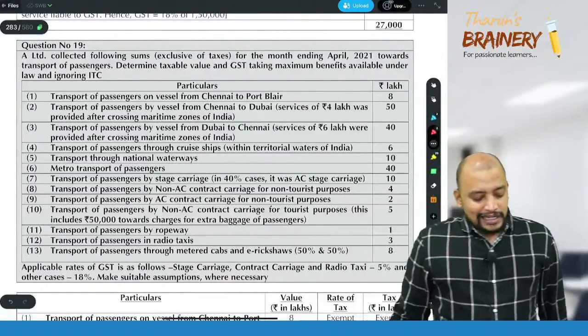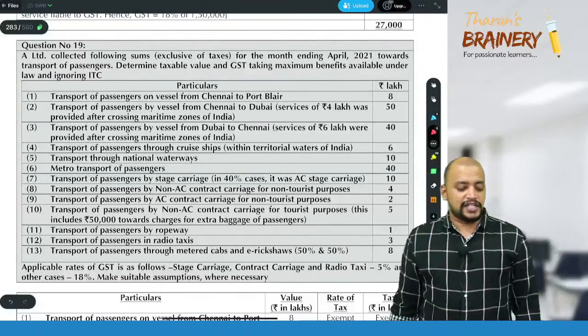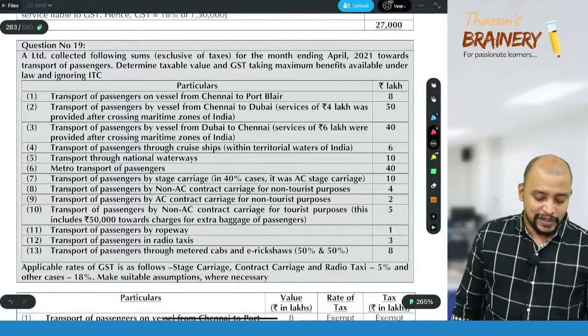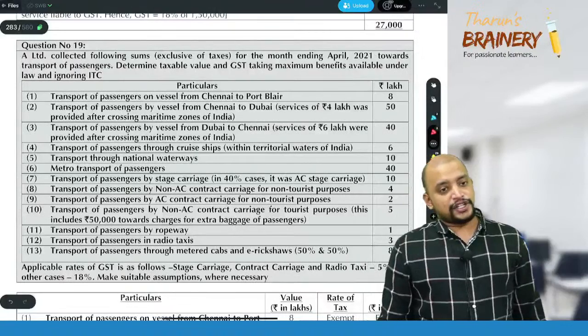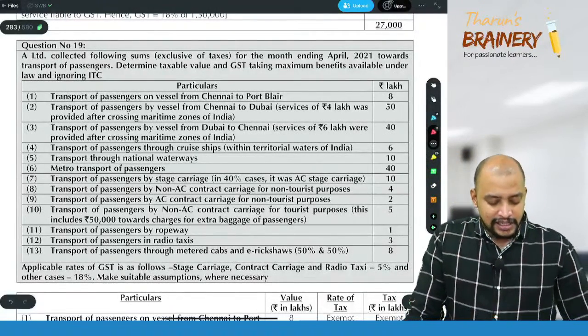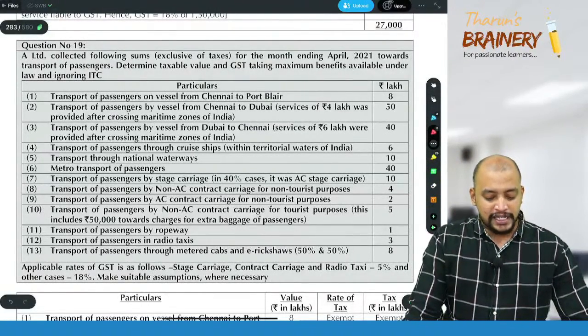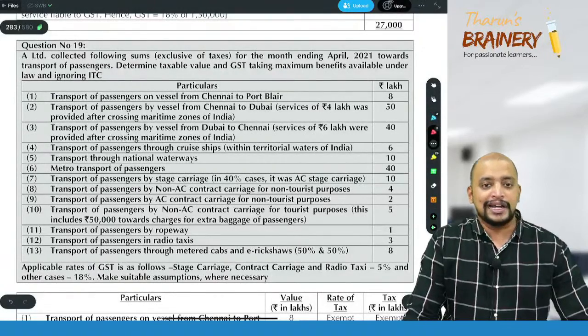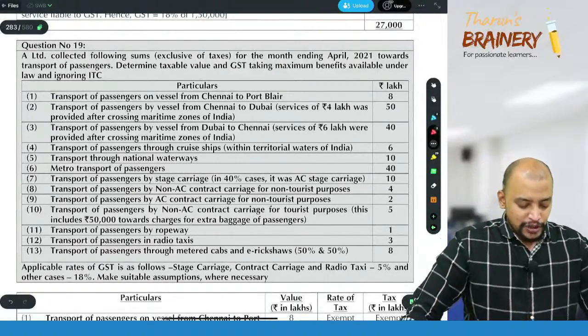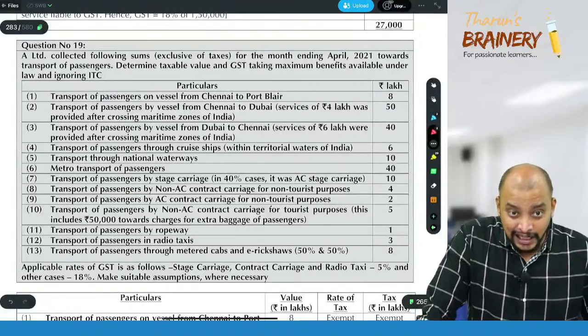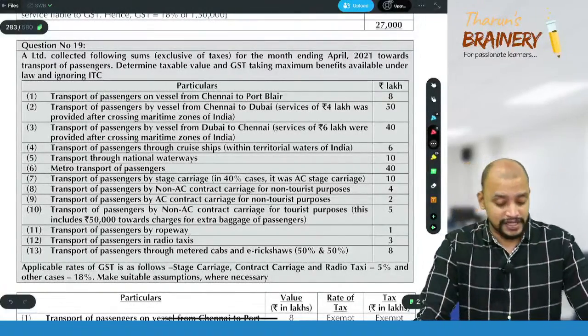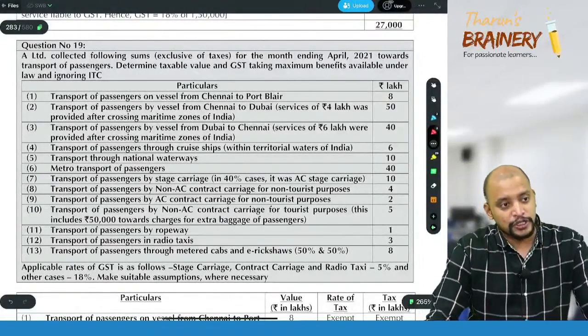A Limited collected following sums exclusive of taxes for the month ending April 2021 towards transportation of passengers. Determine the taxable value and GST taking maximum benefits available under law, ignoring ITC. Transportation of passengers on vessel from Chennai to Port Blair.